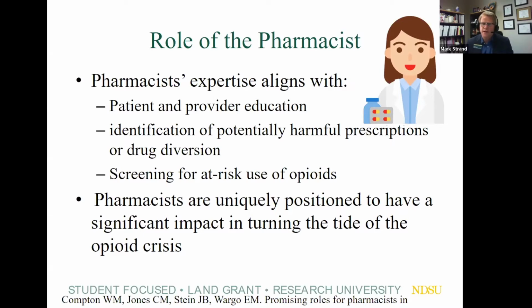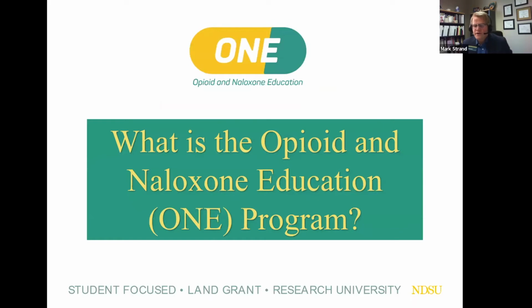So this is aligning with pharmacists' work, and therefore they're uniquely positioned to have a significant impact in turning the tide of the opioid crisis. So I hope I've made a case for the role of pharmacy and prescription opioids in the opioid crisis, both in its origins and in opportunities for solution.